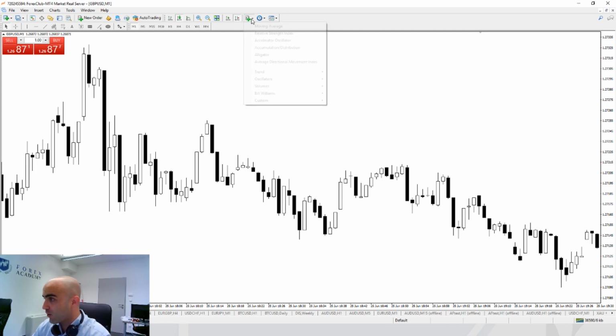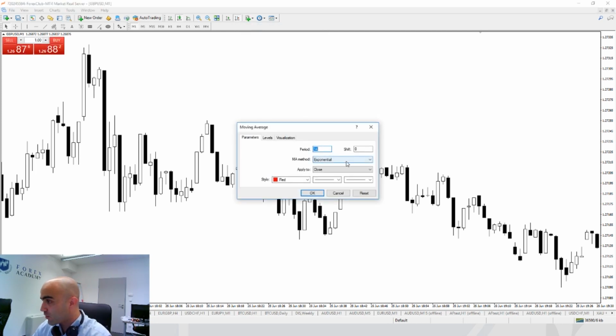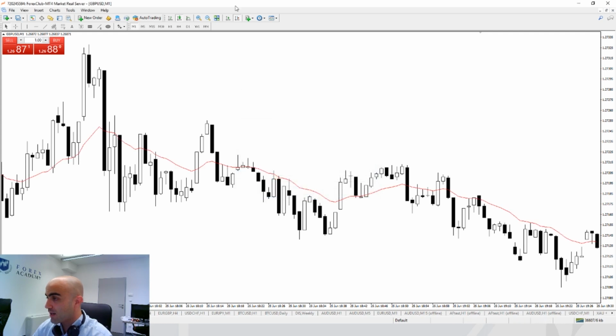The first one I want to show you is the moving average. We're going to look for the exponential moving average 20 period, and we are going to mark it red. An exponential moving average is a weighted average, bringing more weight on the latest price movement period.